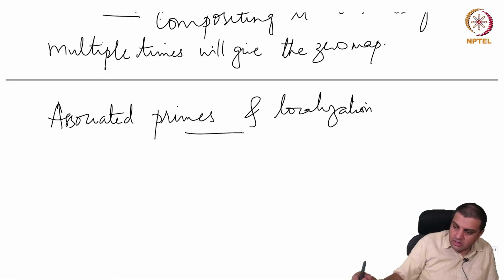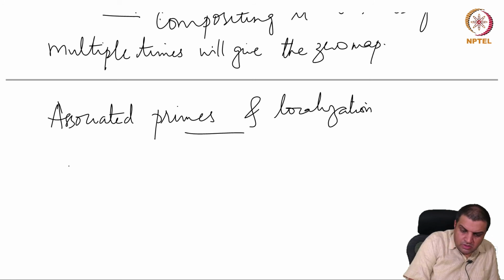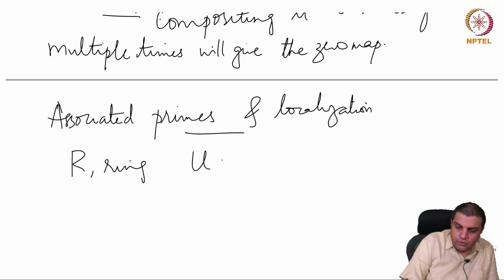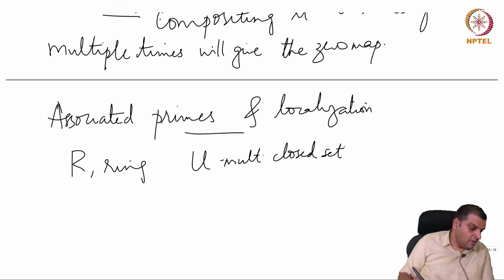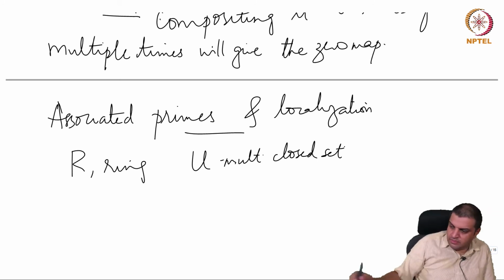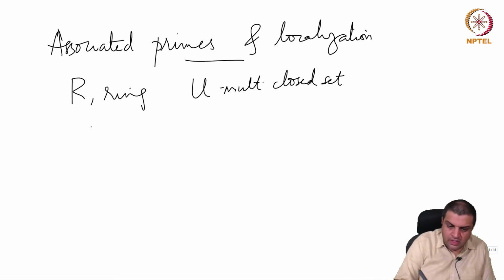So this is the situation. R is a ring, U is a multiplicatively closed set, and M is an R module.